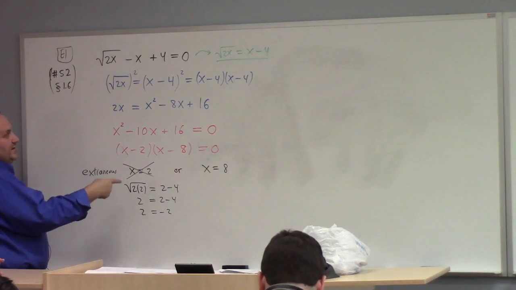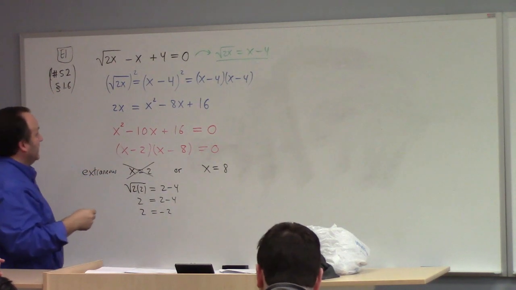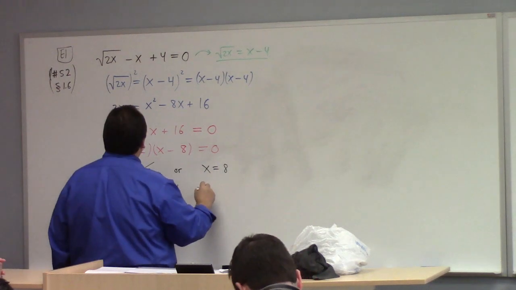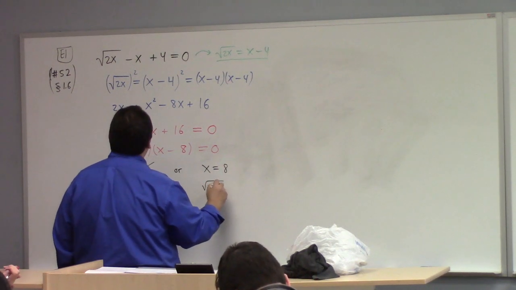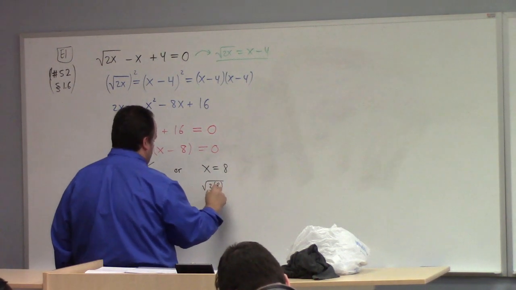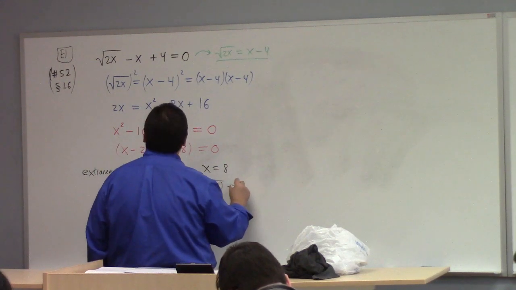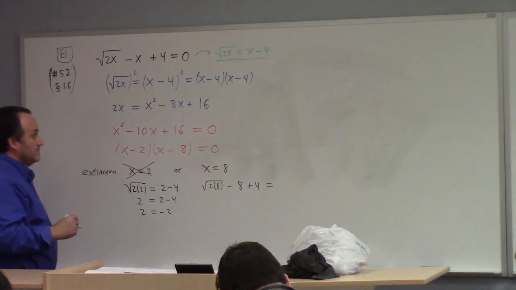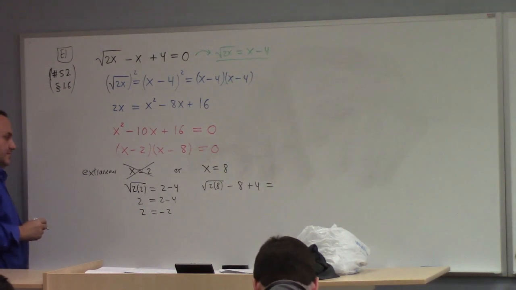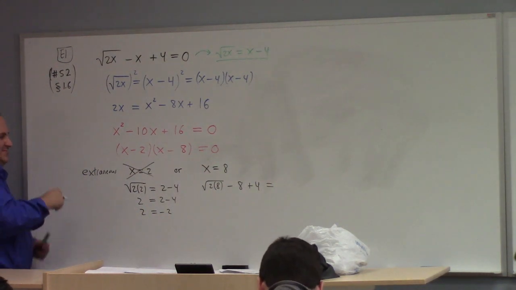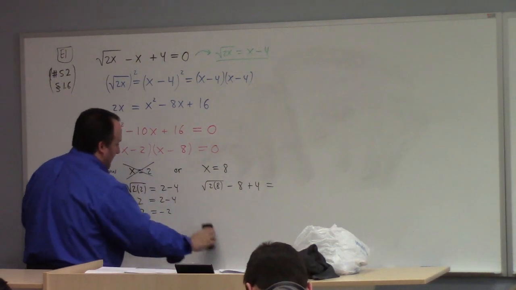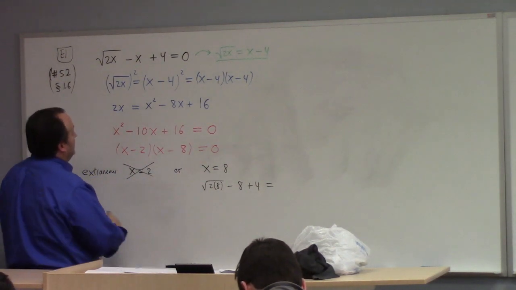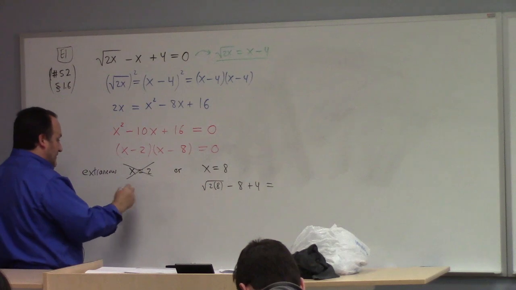Of course, you could plug the number back into the original equation if you prefer, right? So like square root of 2 times 8 minus 8 plus 4. How's that work out? I'm going to switch it up a bit here. Let me plug the 2 into the original equation as well.